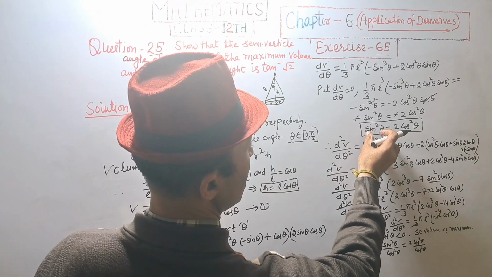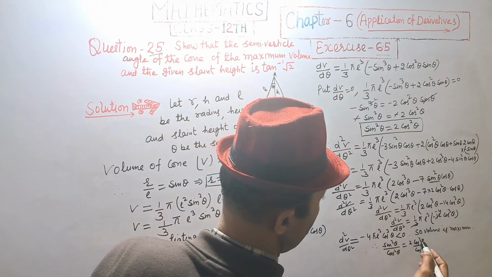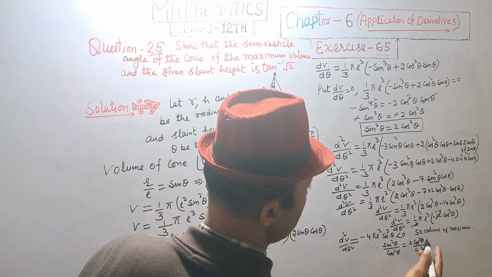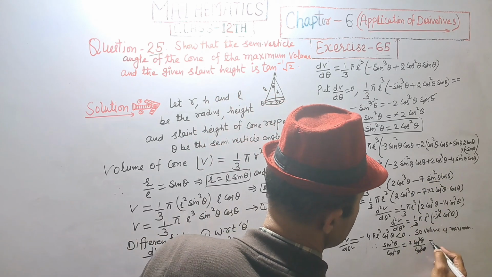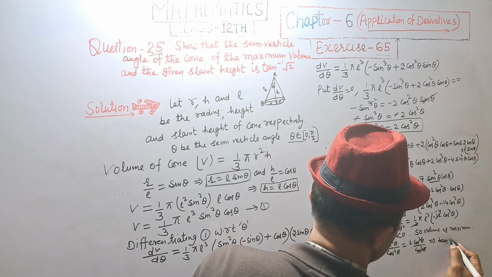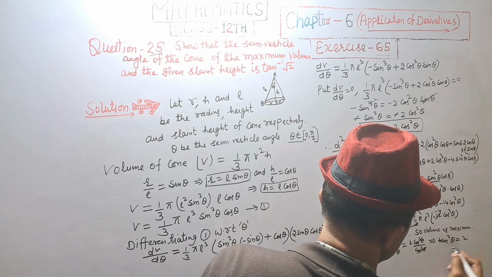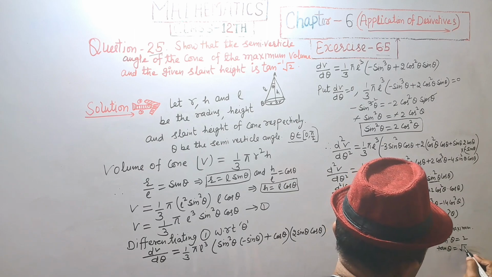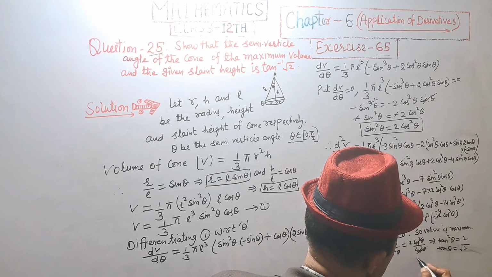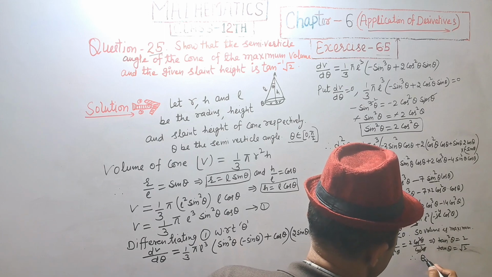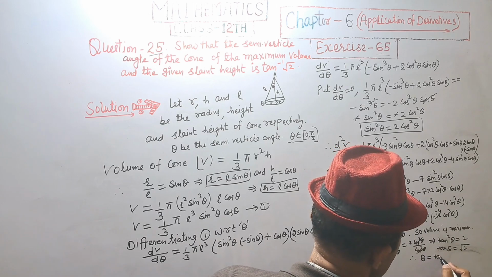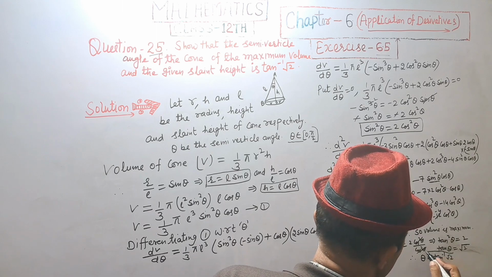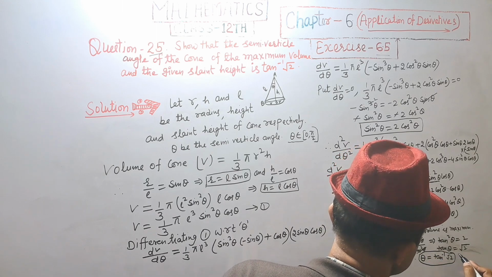We are dividing both sides by cos square theta. This will be 1 and this will be 1 and 2 multiplied by 1 is 2. This implies tan square theta is equal to 2 and tan theta is equal to under root of 2. So angle theta is equal to tan inverse under root of 2. Hence proved.